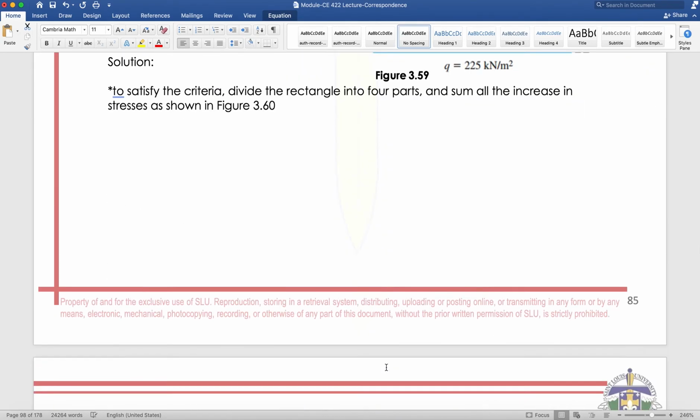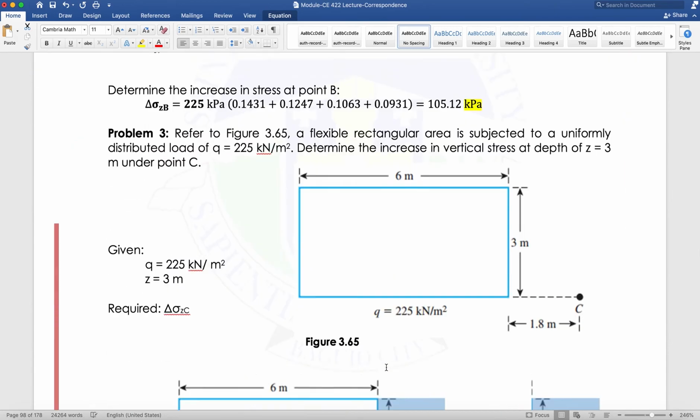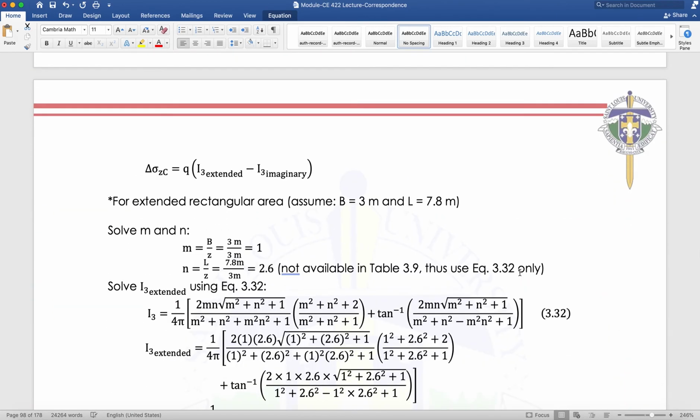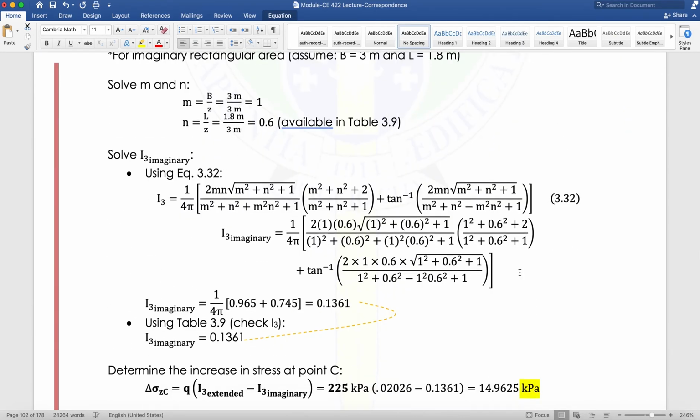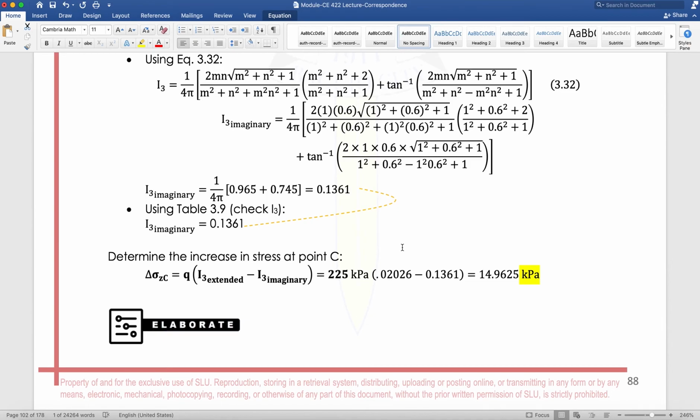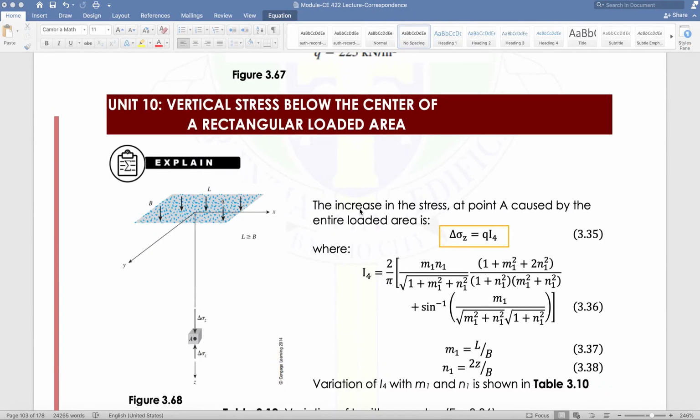Then, nung lumayo na siya, nasa labas na siya nung rectangle natin at point C, we were only able to solve for the value which is equivalent to 14. So, habang palayo ng palayo, paliit ng paliit yung delta sigma Z.